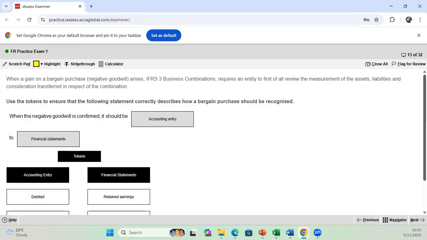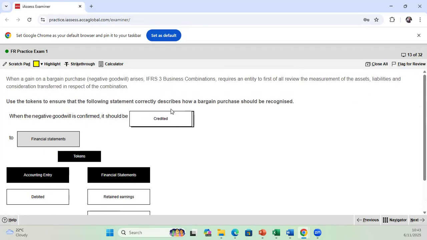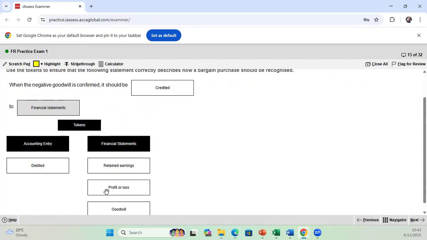It's not an asset, but a profit to you. You have bought something at a lower price. We treat it as a profit, so a purchase bargain is treated as a profit. When goodwill is negative, it's a profit with a credit balance, so we credit it to the profit and loss.